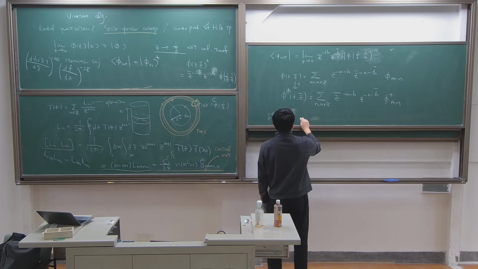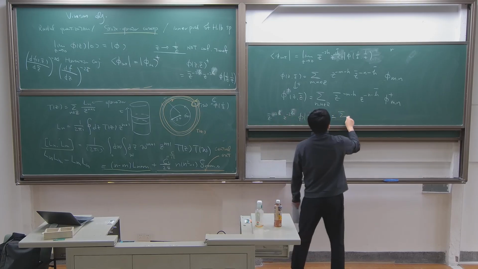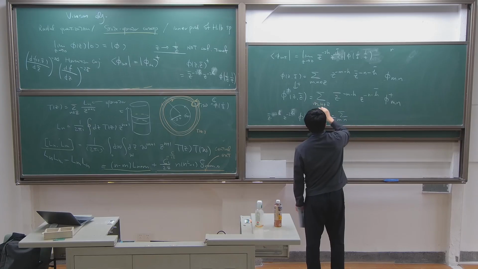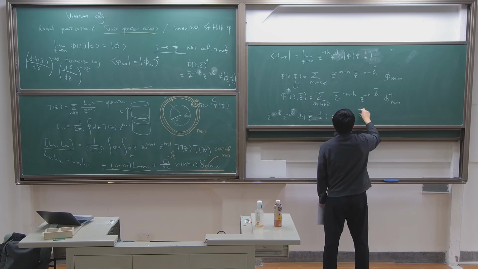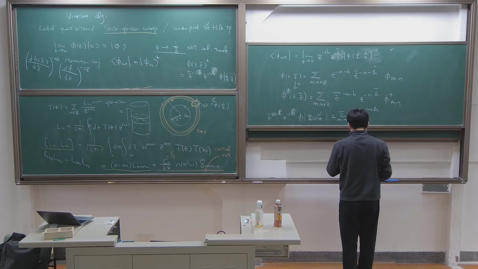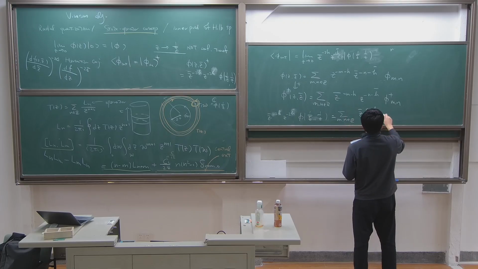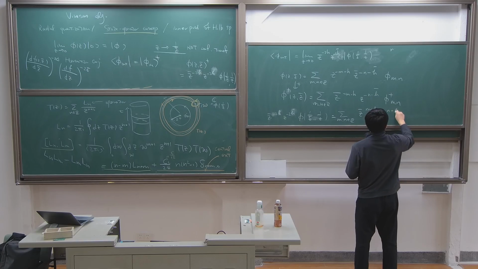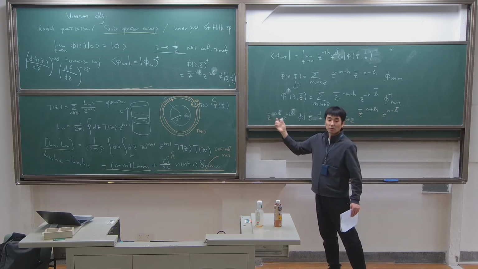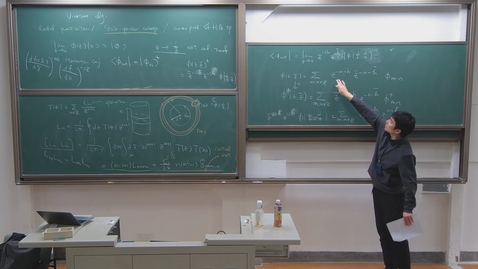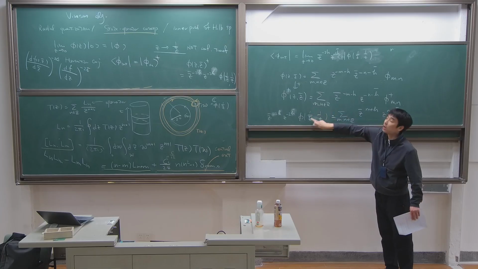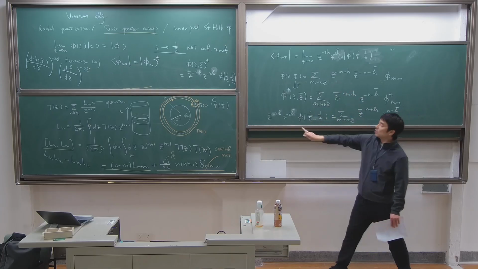Then phi of 1 over z bar, 1 over z is the sum over m, n of z bar to the m plus h bar, z to the n plus h bar. But now we multiply this guy. I just take 1 over z goes to 1 over z bar, then they become like this way. But you need to multiply this guy.